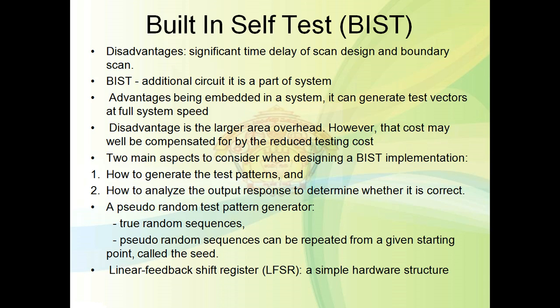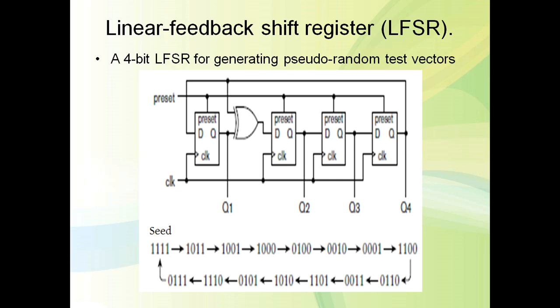Now let's see what the linear feedback shift register is. As shown in the figure, it is a 4-bit linear feedback shift register for generating pseudo random test vectors. It contains 4 D flip flops and an XOR gate.